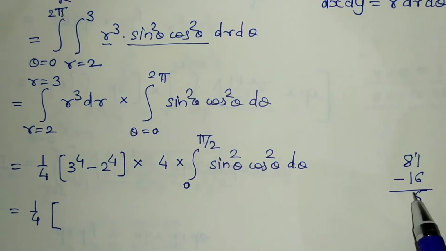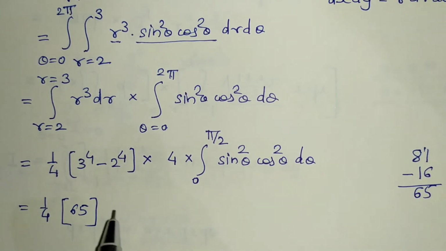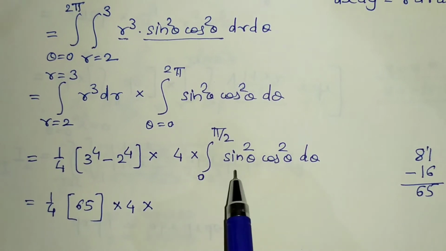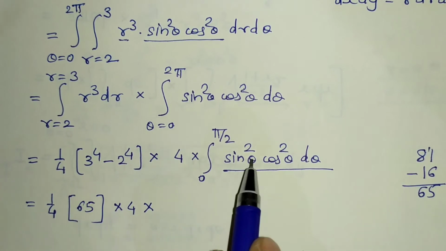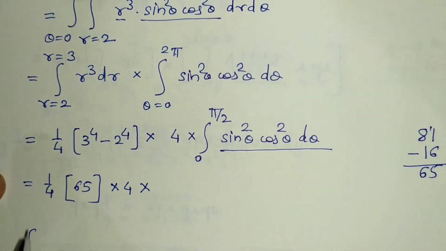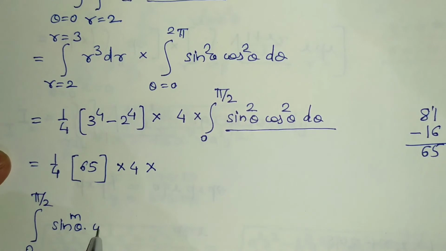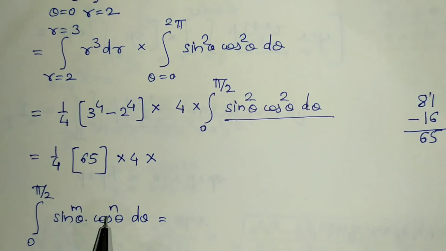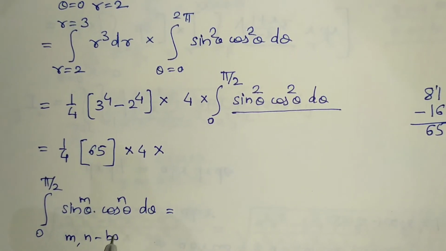So it is 65 divided by 4 into 4 into, now use the formula. There is a standard formula for this integral. The integral from 0 to pi by 2 of sin theta to the power m into cos theta to the power n d theta, where both m and n are positive integers and both are even.